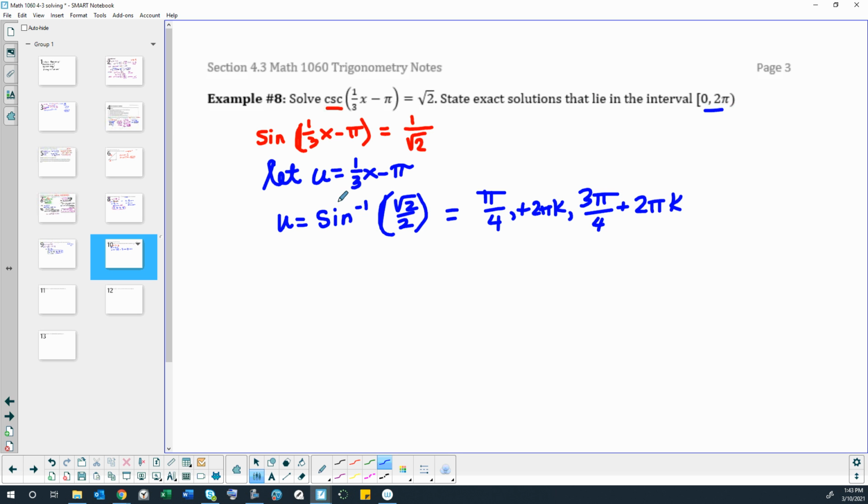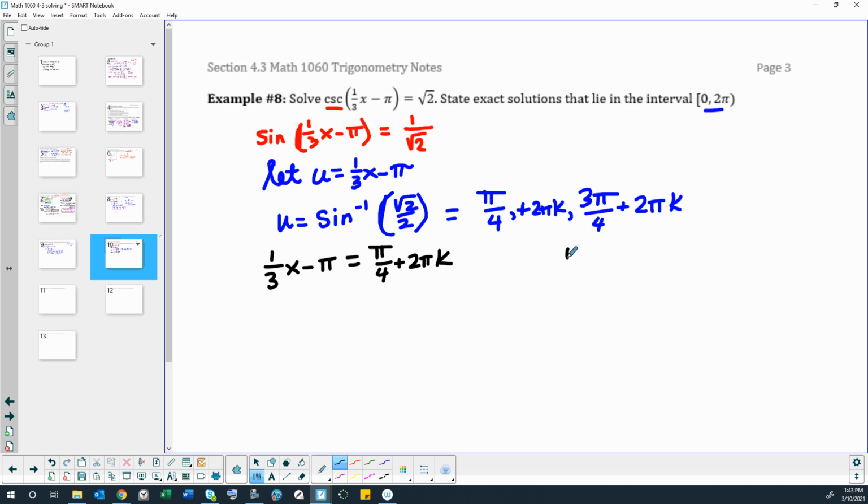Okay, let's go ahead and plug this stuff back in. So we have 1/3 x minus pi equals pi fourths plus 2 pi k.